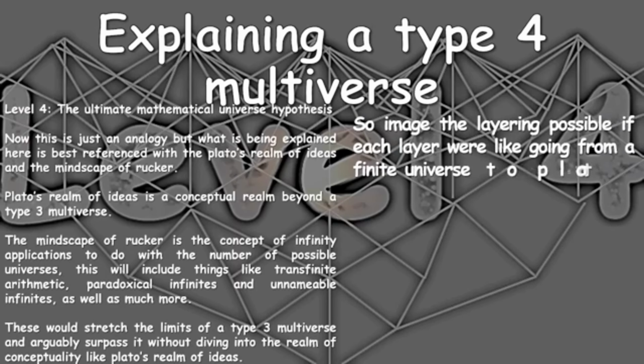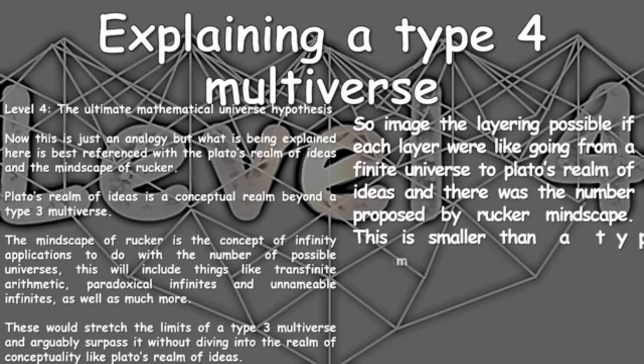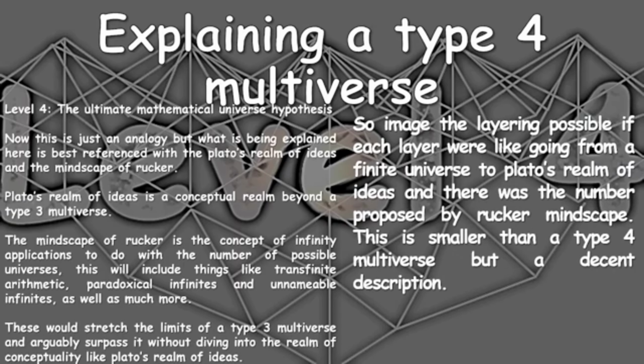So, just for a moment, imagine the possible layering you can get if each layer was going from a finite universe to Plato's realm of ideas, and the number of layers was that of Rucker's mindscape, with the massive infinity, that's paradoxical infinities and unnamed infinities. This description is still smaller than a Type 4 multiverse. However, it does get the idea that it is very, very large.